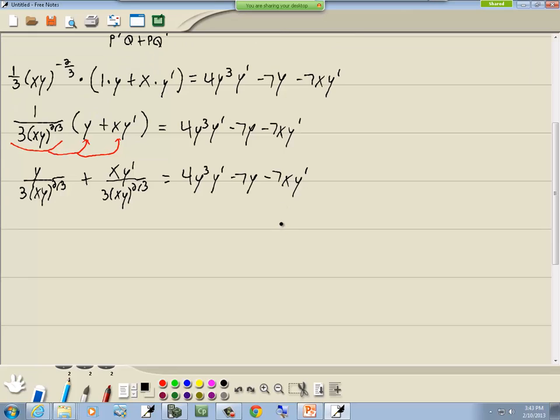Well, next thing we want to do is get rid of fractions. We'll multiply everything by the LCM of all our denominators. We have two denominators that are both the same, so our LCM is just 3 times xy to the 2/3.